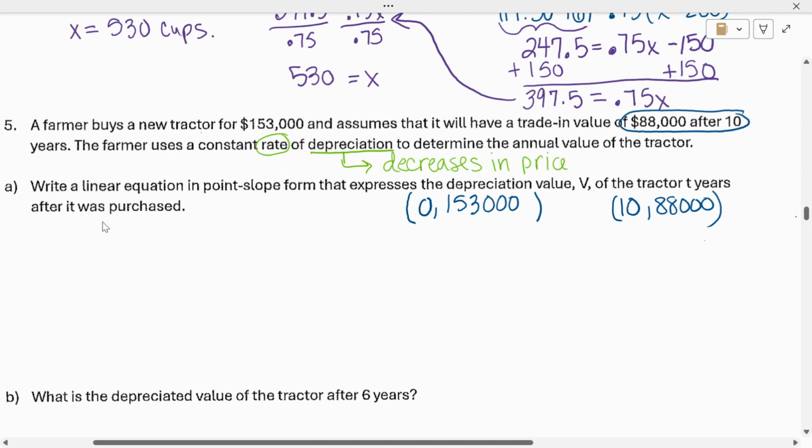So what are we going to do first? Look up at the one above us. Yeah, first we have to find slope.